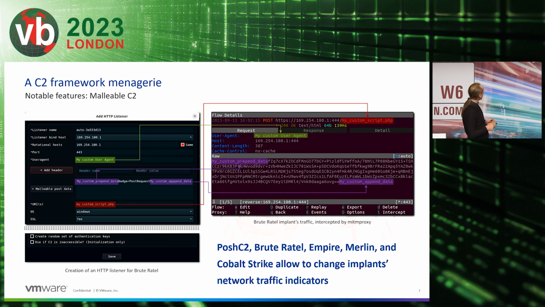And you see how these values on the left correspond to the values in the intercepted traffic on the right. So basically, the implant, after it's been built, is using these parameters, and it may try to look like a browser, for example.